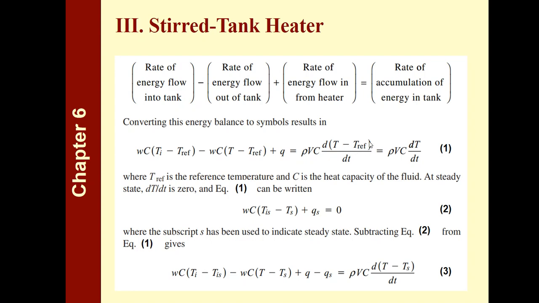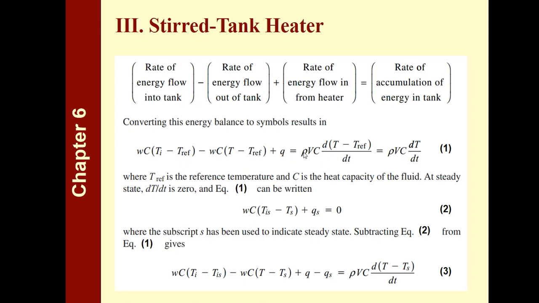But since the derivative of a constant, which is the reference temperature, is 0, then this right side here is simplified into d capital T, d small t. So T ref here is the reference temperature and C is the heat capacity of the fluid, just like I have mentioned.